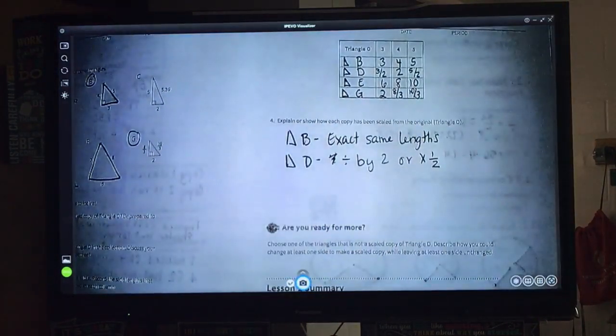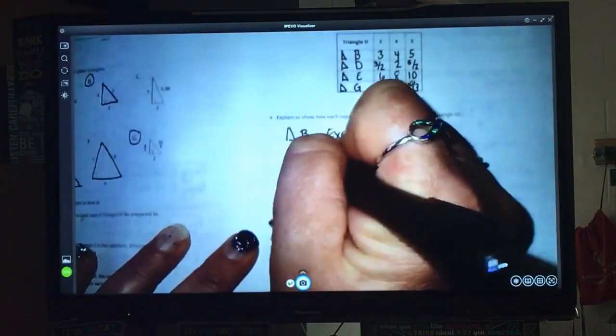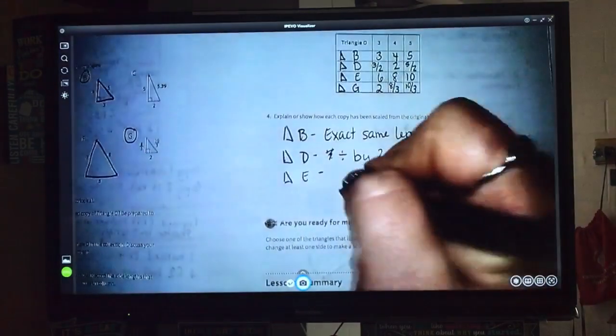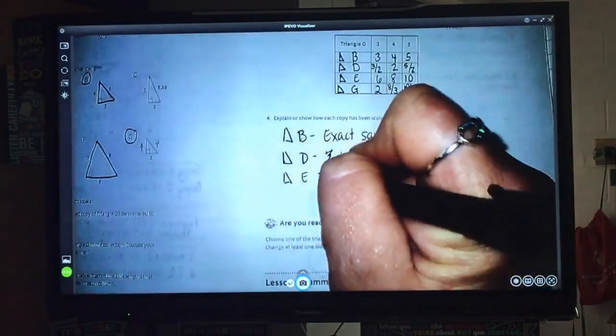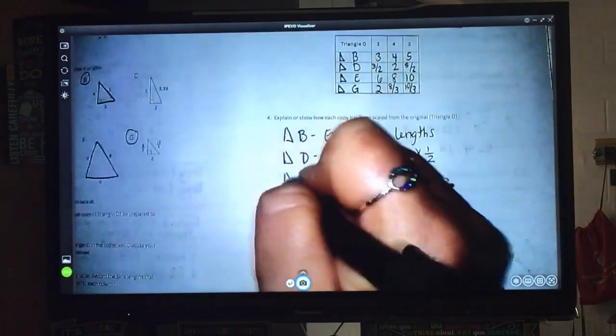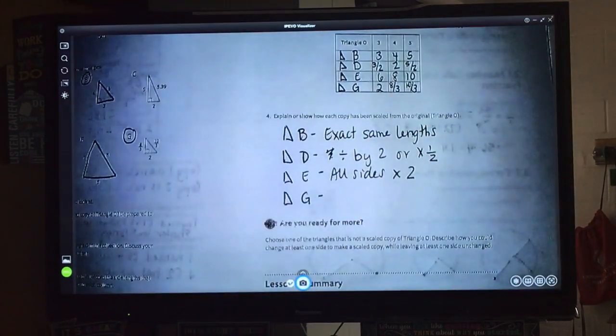Okay, what about triangle E? ×2, yep. And the last one, triangle G. Multiply by 1.5. Nope.